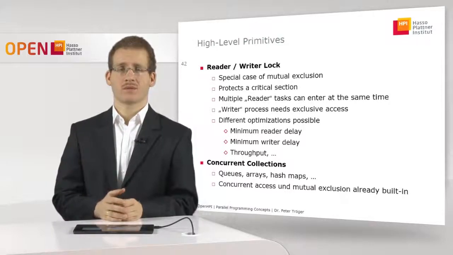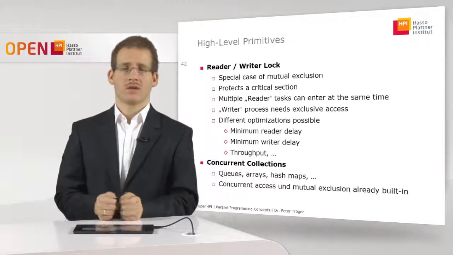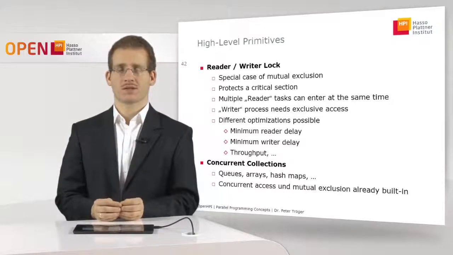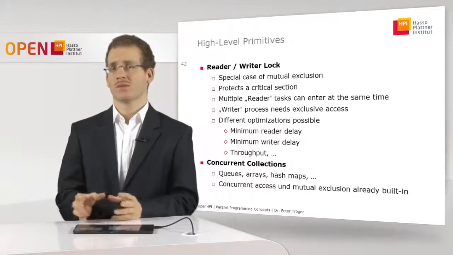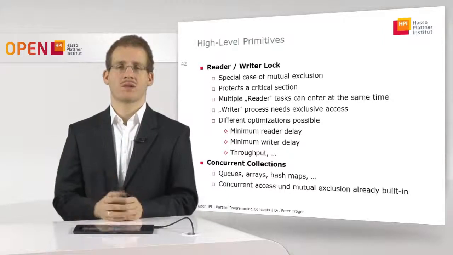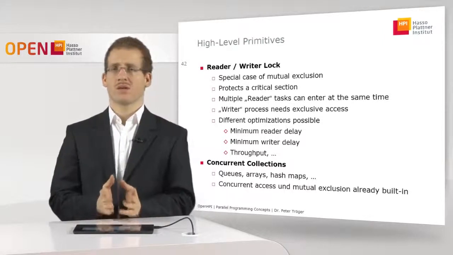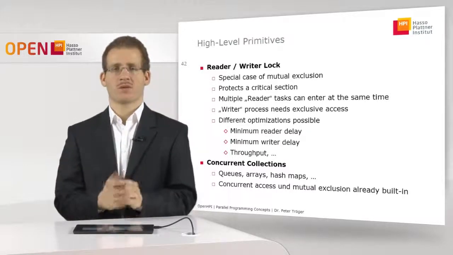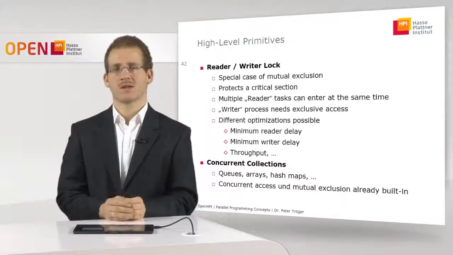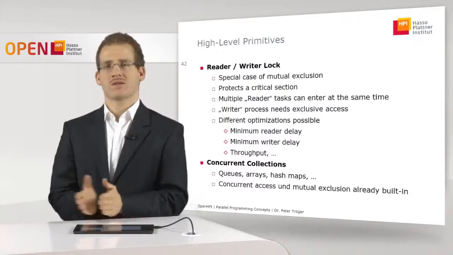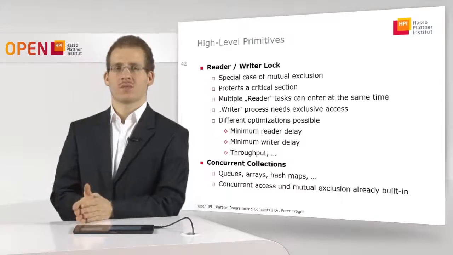So you have the possibility to read and write from and to these different collection types concurrently from different threads or processes or tasks without dealing with synchronization issues. These synchronization issues are already solved for you. You typically have put and get or fetch operations that are defined on this data type, and you can use them and be sure that somebody else solved the internal synchronization problem for you.